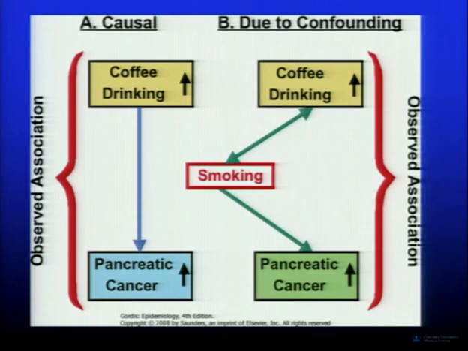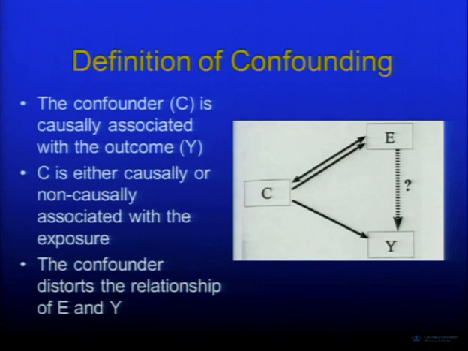And remember that when we talk about a confounder, there is a strict definition. And the definition of confounding is that the confounder is causally associated with the outcome, the disease. So C causes Y, and then C can either be causally or non-causally just associated with the exposure. And because of this dual relationship, the confounder is able to distort this relationship.